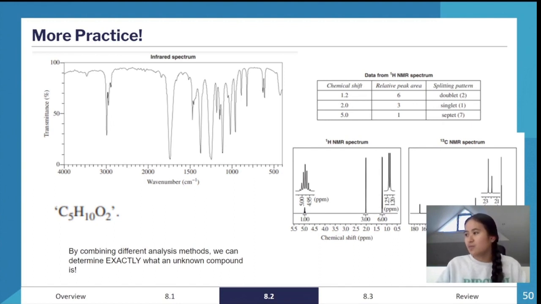Then for the CNMR spectrum, you'll see that there are 4 unique carbon environments. So CNMR has 4 unique carbon environments, HNMR has 3 unique hydrogen environments. Now, I'm not going to go through the entire process here.